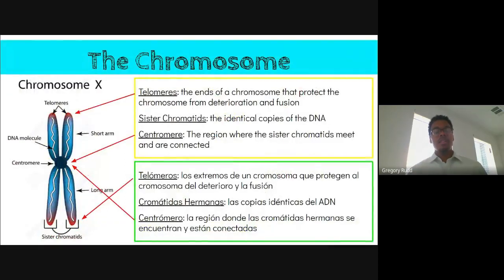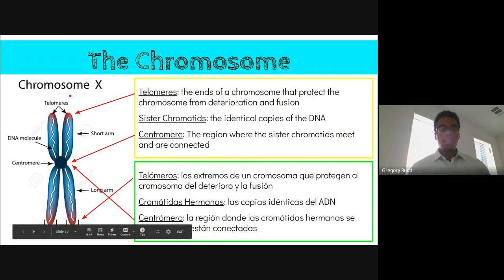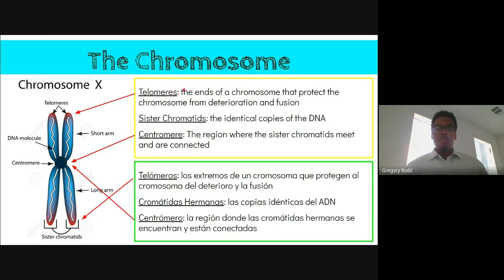And I'll move on. So we can break down chromosomes even further. It might be a good idea for you to just draw a simple X in your notes to represent a chromosome.